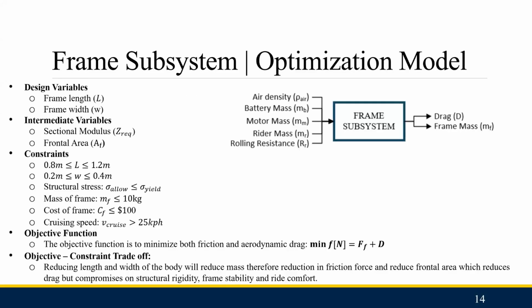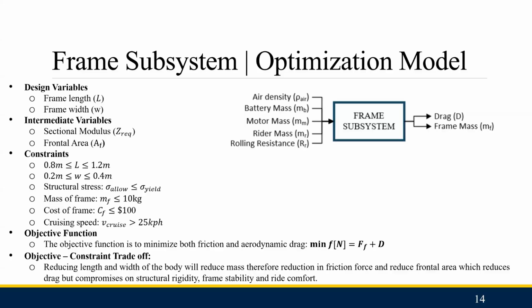For the frame subsystem, we chose the two variables, frame length and frame width. The constraints basically are limited by 0.8 meters for the length and lower than 1.2 meters. For the width, our bounds are 0.2 meters and 0.4.